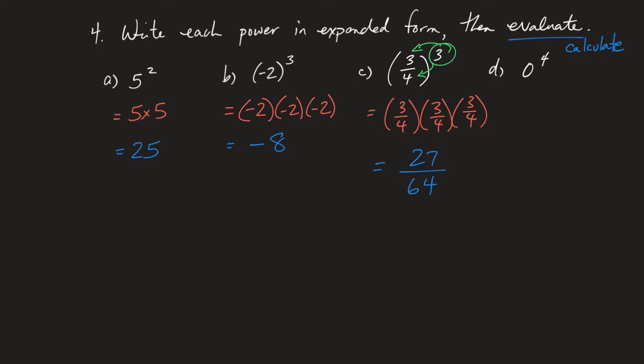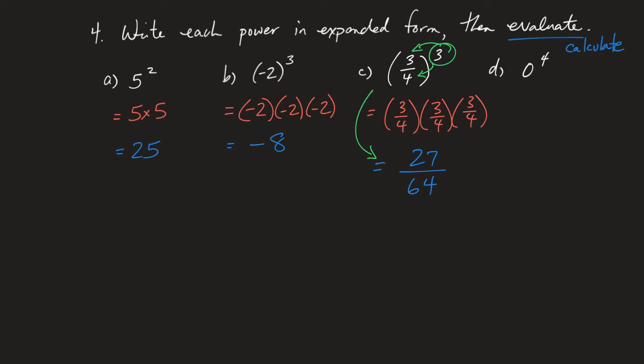And you can see that we could have gone straight to that blue answer. Since the problem said that we had to write it in expanded form, we had to include the red line. But if it didn't, you guys could evaluate by going straight to cube the top, cube the bottom. And there we have our 27 over 64.